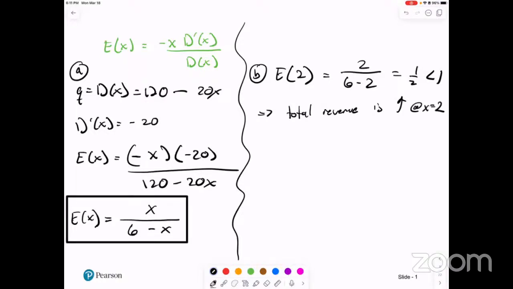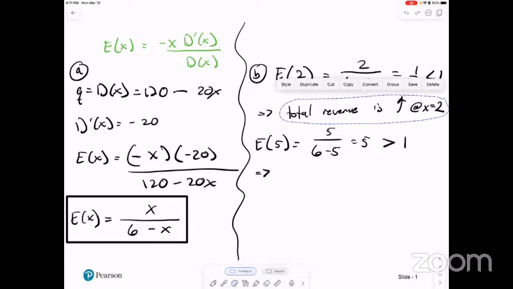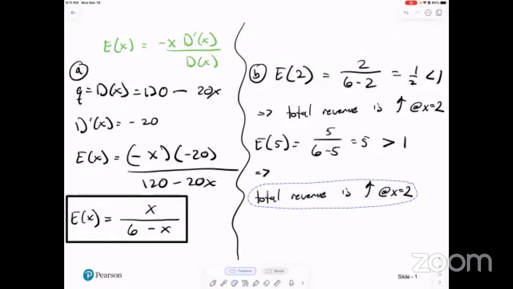Okay. Let's find the elasticity of demand when x is 5. So that's going to be 6 minus 5 under 5, which is just 5. Notice that that's larger than 1. So that implies that the total, matter of fact, what I'm going to do, because I can, I'm just going to copy and paste and make my augmentations, right?